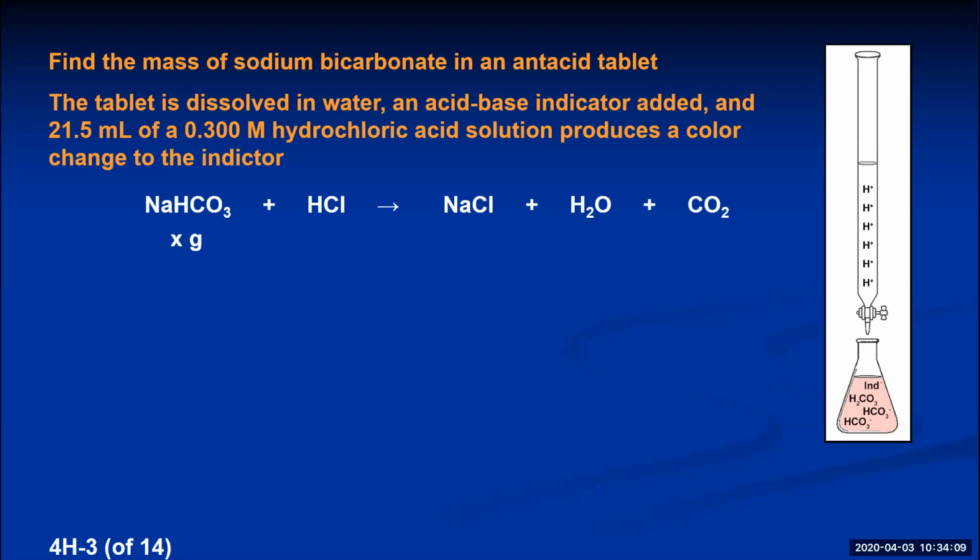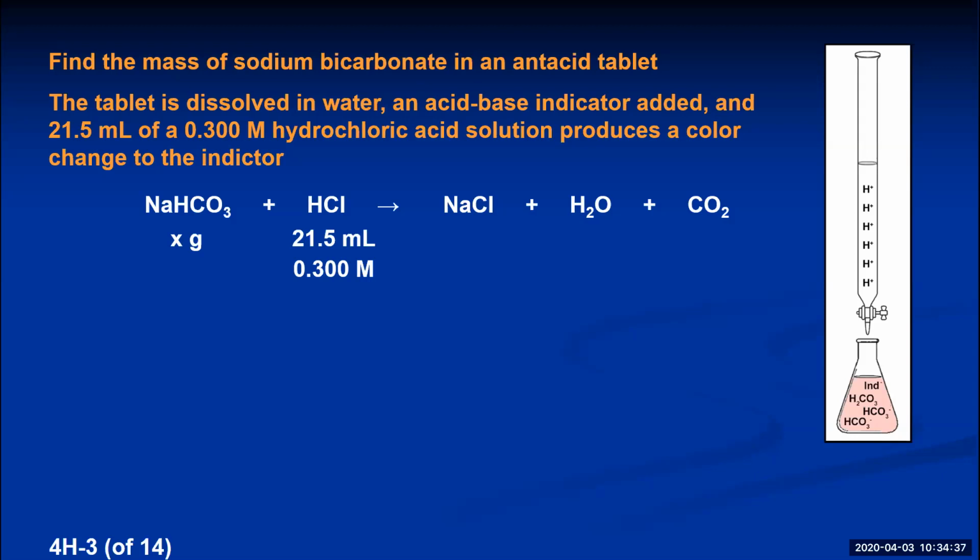For the hydrochloric acid, I know two things about it, and this is what's going to be significantly different between the mass-to-mass problems we did before and now solution chemistry problems. Whenever you're dealing with a solution, you have to know two bits of information, molarity and volume. And they've given us both of those in the problem. It's 21.5 milliliters of HCl that was required to reach the equivalence point or the end point, and it's 0.300 molar.